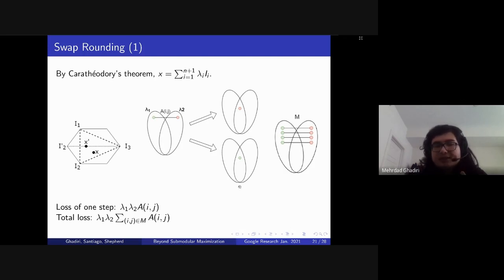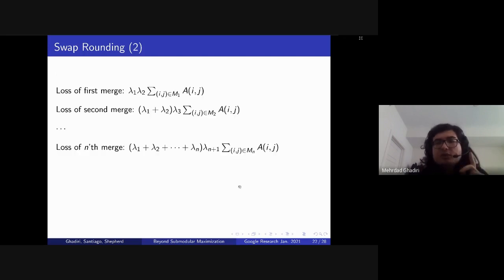And the total loss is lambda 1 times lambda 2 times the size of this matching, where I take the pair of elements and do this step of removing one of them and adding the other one to the set, to the bases. And so the total loss of one merge, or the first merge, is lambda 1 times lambda 2 times the size of that matching.